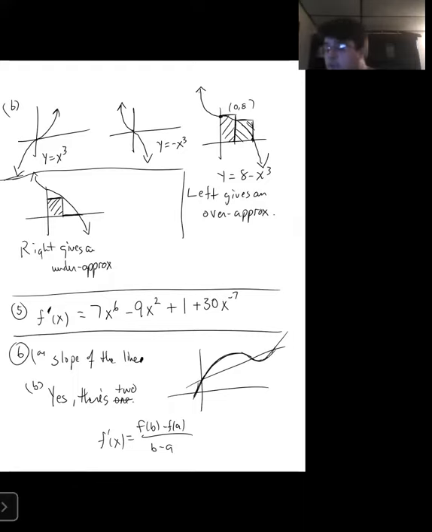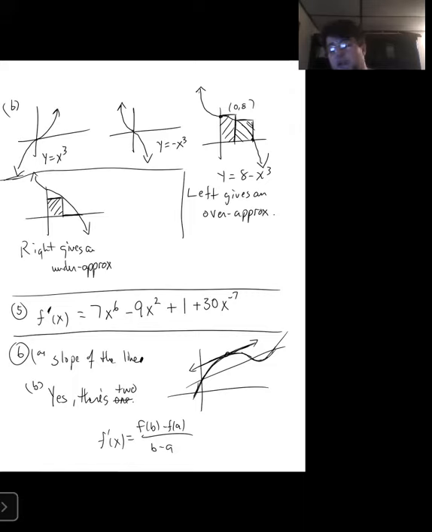Is there a value x where the slope of the tangent line equals the slope of the line? Two lines having the same slope means the lines are parallel.